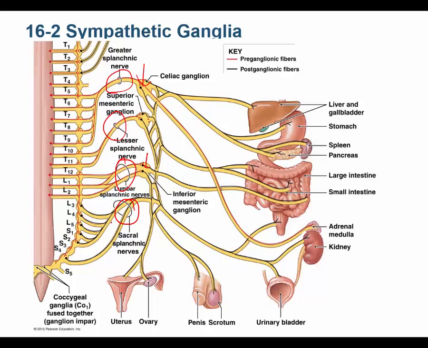Now I have a question for you, by the way. The parasympathetic nervous system was called craniosacral. And you can see that my sympathetic chain ganglia, right here, goes above T1 and goes below L2. Down here, do you think these might carry a mix of sympathetic and parasympathetic neurons?